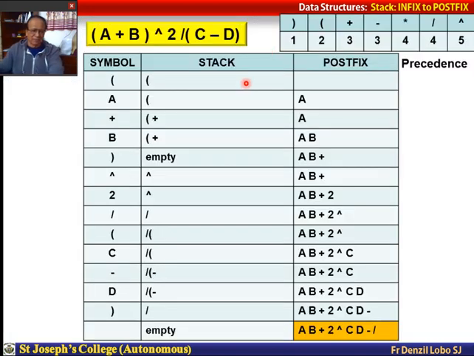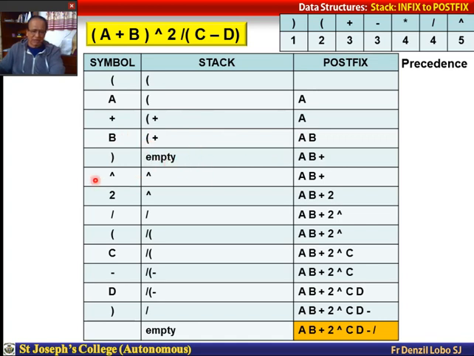A simple example here. You have got this infix notation. This is the precedence of these operators. As you see here, left parenthesis, as you know, goes onto the stack. A goes onto the postfix, plus goes onto the stack, and then B goes onto the postfix. Then you get the right parenthesis, so you pop the plus till you come to the left parenthesis.